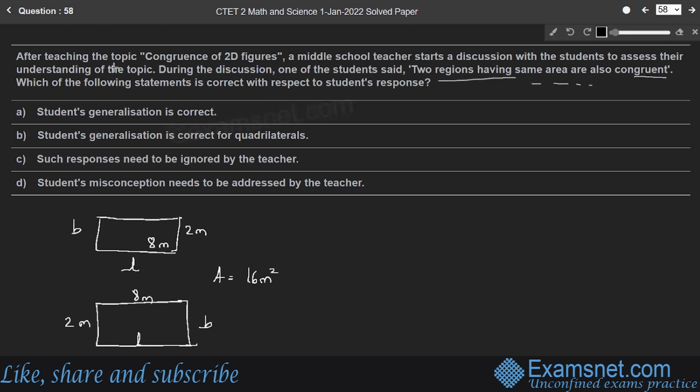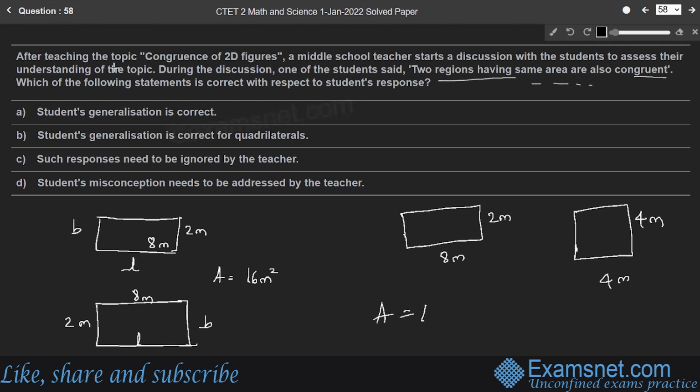But when it comes to a rectangular area having length 8 meter and 2 meter breadth, and a square area having length 4 meter and breadth 4 meter, their areas are the same: 16 meter square, here also 16 meter square. But they are not congruent.